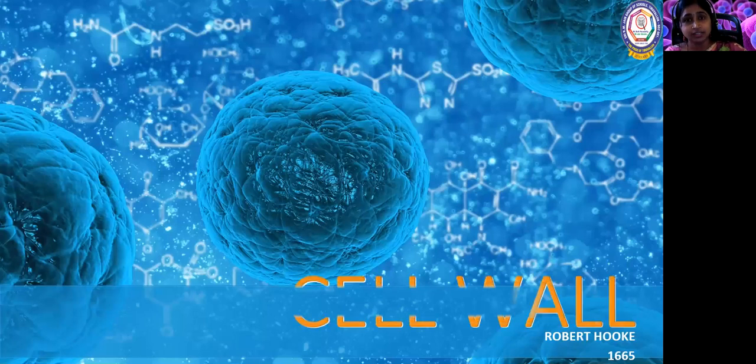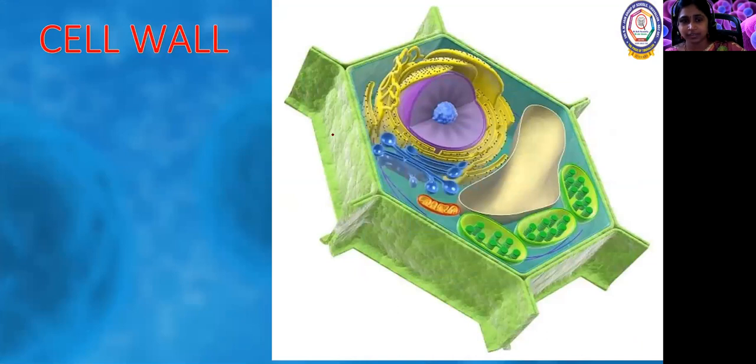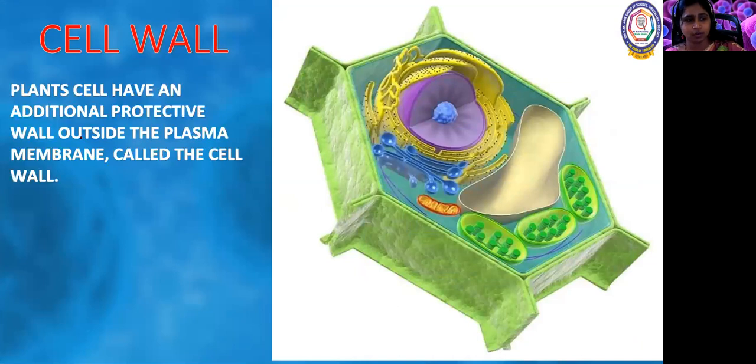So we'll move to the next topic. Another protecting layer is nothing but the cell wall. Robert Hooke found the cell wall in 1665. The microscopic wall, I'll show you in the next slide. Just see what the cell wall is. Plant cells have an additional protective wall outside the plasma membrane called the cell wall, which is absent in animal cells.